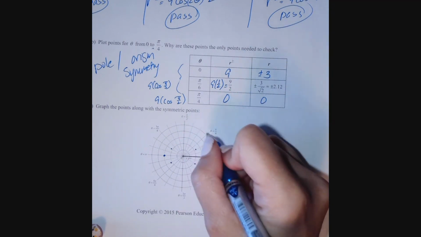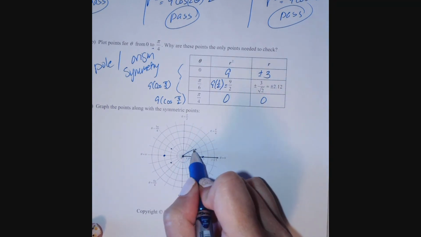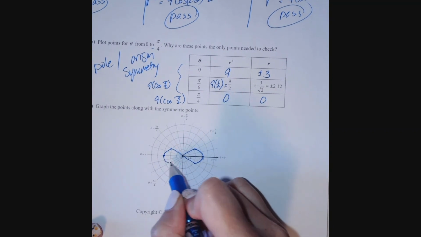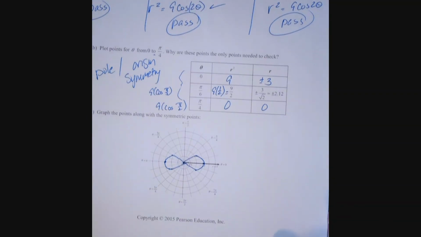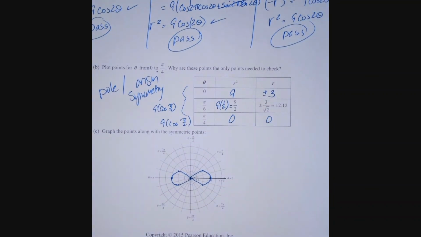And then at pi fourth, I'm at 0. So what I have is kind of a figure 8, a lemniscate. Alright guys, so those are our last 3 categories of polar graphs that you're going to be responsible for.